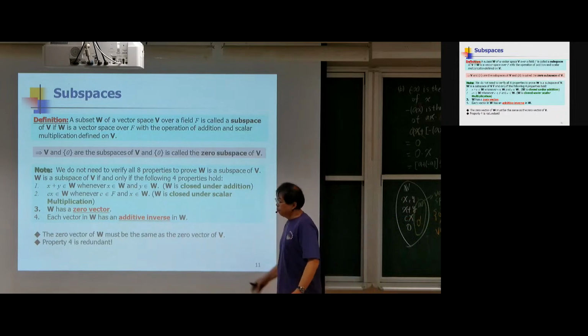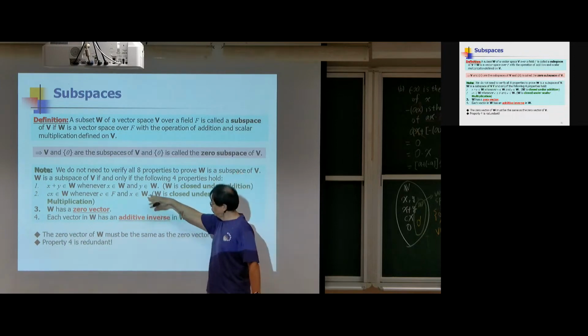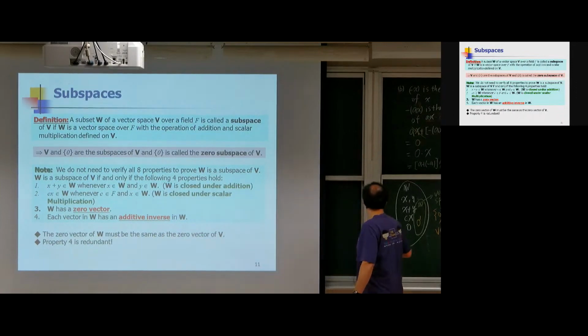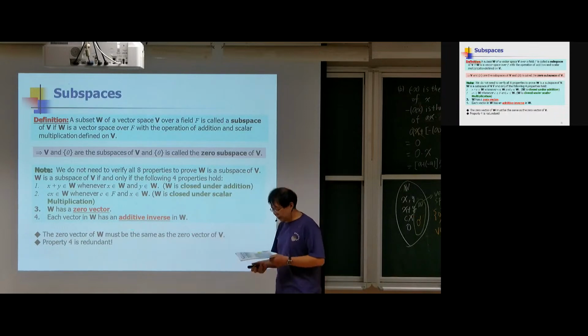And because we know W itself is also a vector space, all the properties hold. But as long as W is in V, W is a subspace of V, then actually we don't need to verify VS1 to VS8. We only need to verify the following 4 properties.